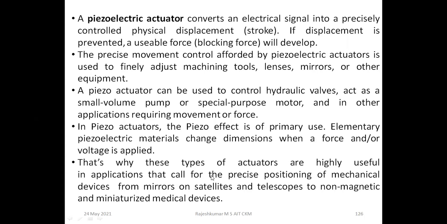And regarding the types of actuators, for highly useful applications, we can consider the precise positioning of mechanical devices, such as the mirrors we see in our satellites and telescopes, and non-magnetic miniature medical devices. So these are all the conditions to be considered while designing any actuator.